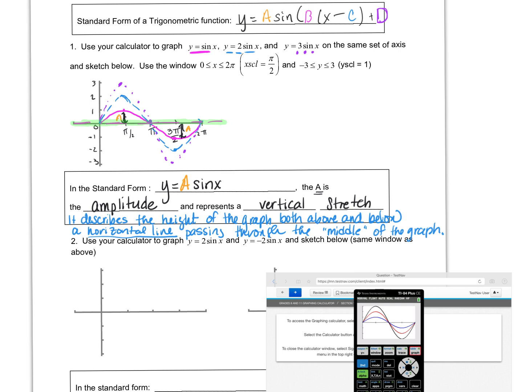The midline cuts, in a sense, the graph in half. The max and min will have the same height.